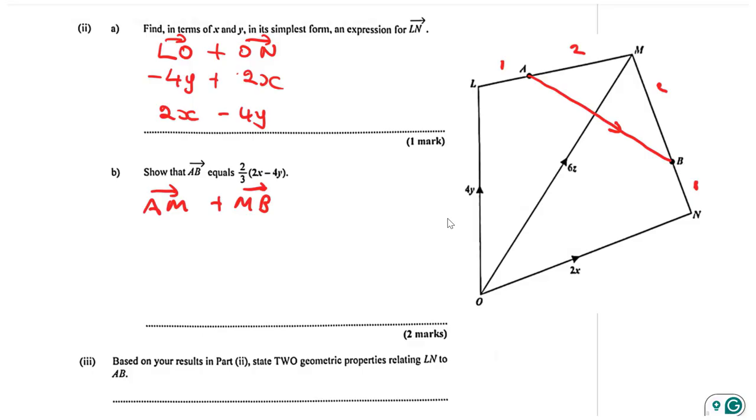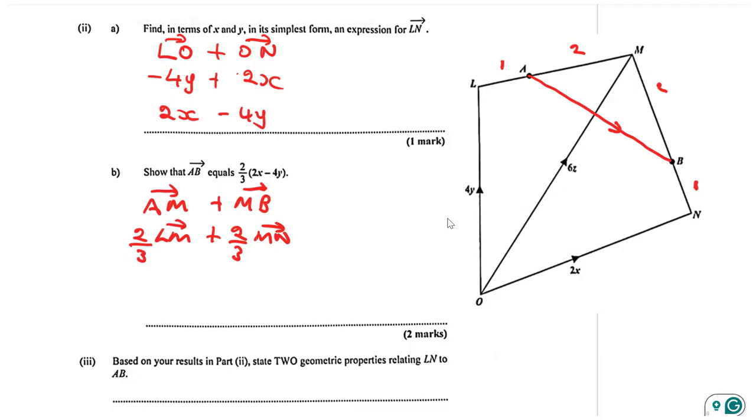Vector AM is 2/3 of the line LM, or if we want to put this as a vector, we could. And vector MB is 2/3 of the line MN. We put it in a vector.